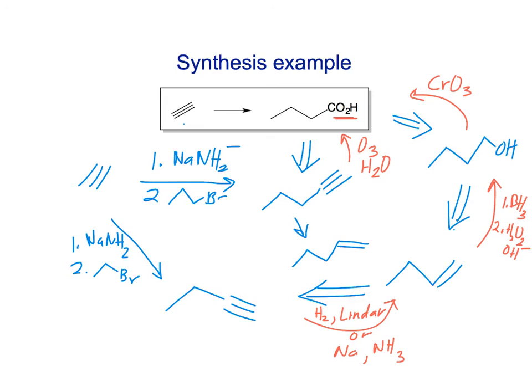We could do an ozonolysis, which is going to get too crowded in here though, would give this aldehyde. And then we could use a strong oxidizing agent to oxidize the aldehyde to the carboxylic acid. Right? So I like problems where there's multiple ways to do it. And any of these approaches would be just fine on an exam.